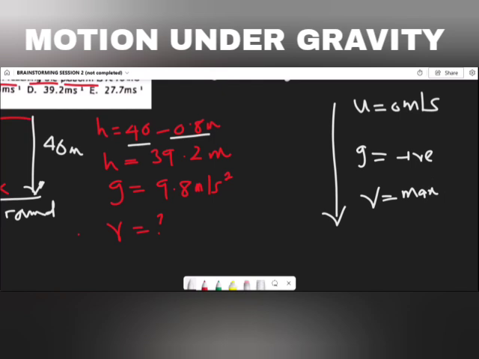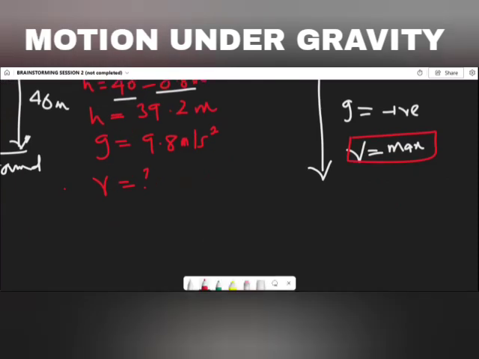So that means if I want to get my velocity, I'm going to make use of any formula that relates to velocity in motion under gravity. We have that V equals U plus or minus gt.